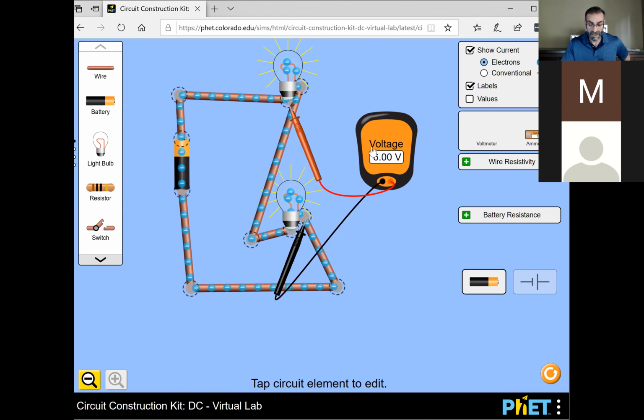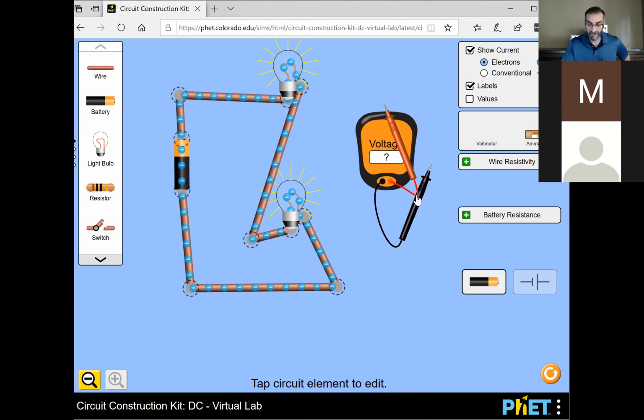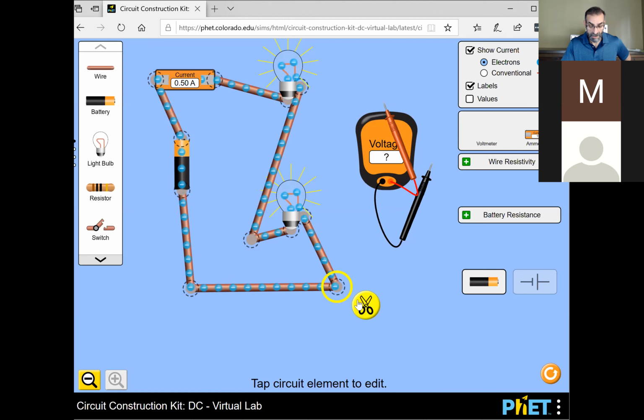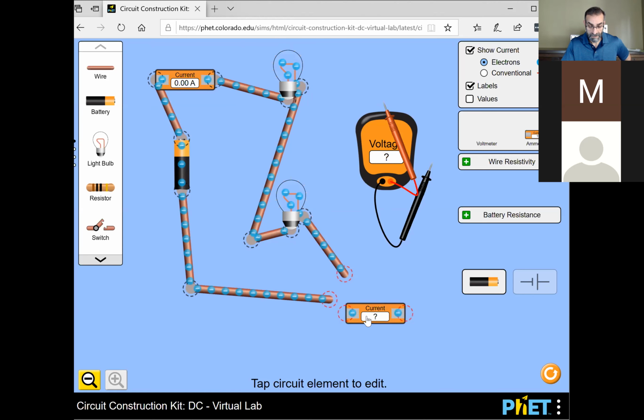Okay. What else did we say? Oh, we wanted to know if the current was the same through both of them, right? So we can split. What do we want to do? Let's put a current meter here. It's measuring the current. And let's put another one over here. Let's put another one over here. Where do we want to put it?